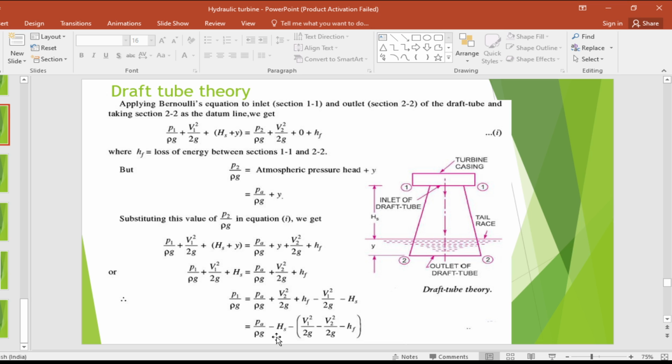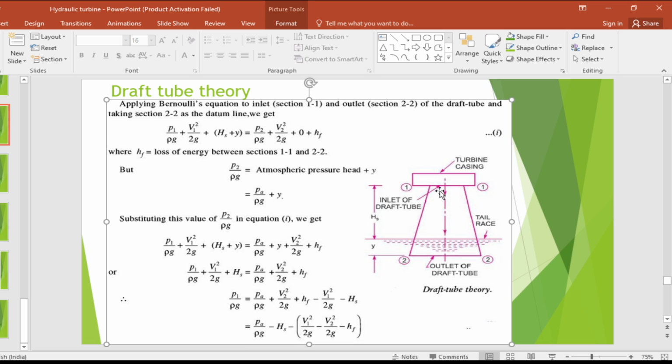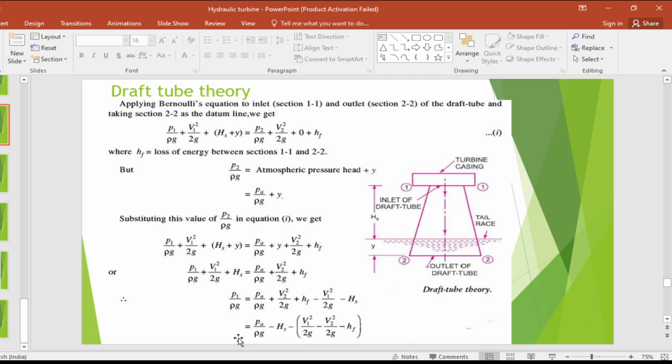That means this equation proves that P1 upon rho g, the pressure head at the inlet of the turbine, is less than your atmospheric pressure.